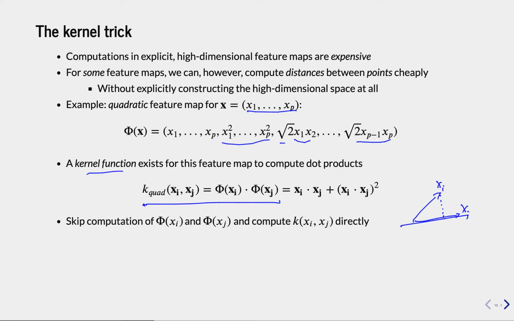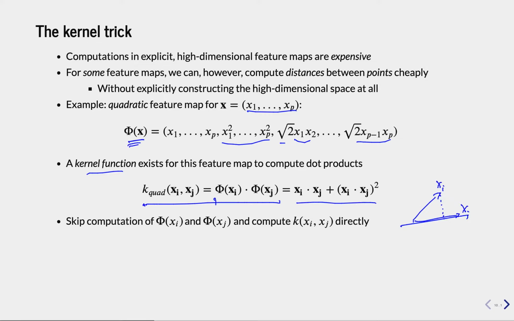Now, if you construct this hyper high dimensional space using this feature map, it turns out that this dot product of any 2 points equals this. So it's just the dot product of my original features in our original space, squared. So nowhere here do I need to construct this high dimensional space.